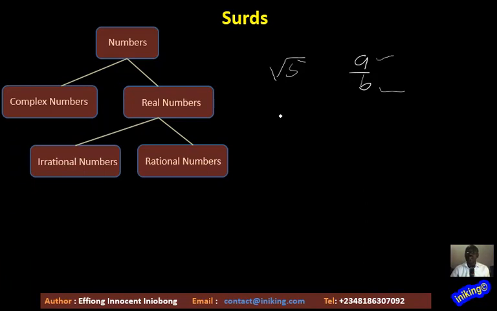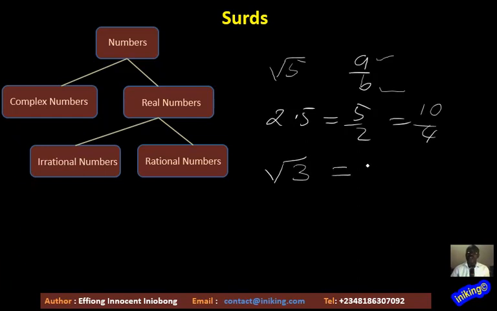But if I have something like, say, 2.5, of course we know that we can express this as 5 over 2. We can express this as 10 over 4, right? But a number like square root of 3 cannot be expressed as, say, p over q, where p is an integer and q is an integer. This is not possible. Such numbers are regarded as irrational numbers.